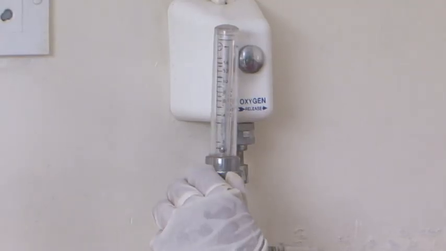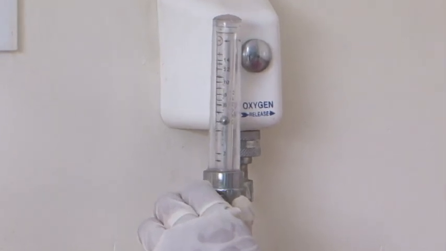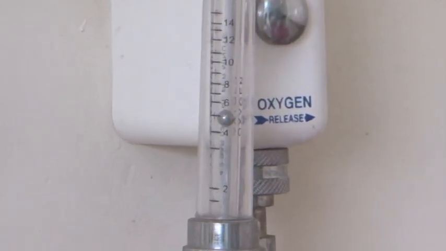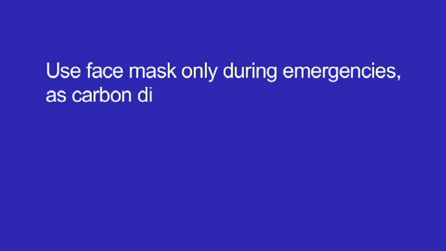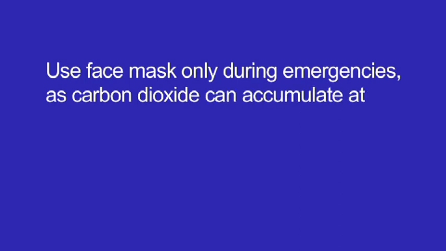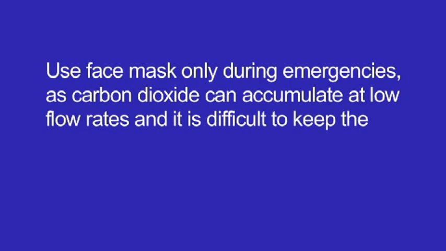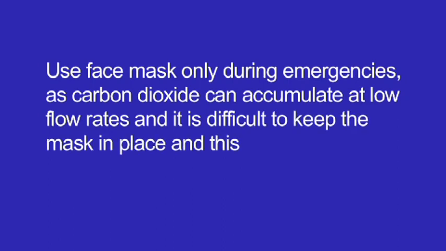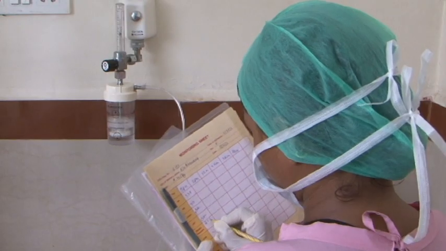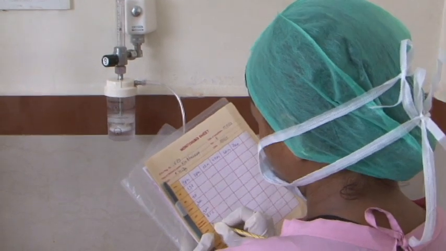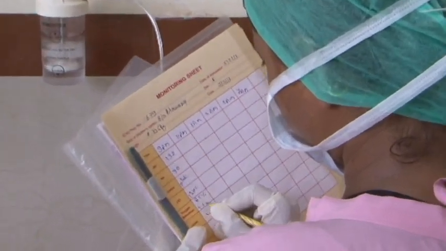Face masks need flow rates of 5 to 6 liters per minute. Use face masks only during emergencies, as carbon dioxide can accumulate at low flow rates and it is difficult to keep the mask in place, and this discourages breastfeeding. Record time and rate of oxygen administration.